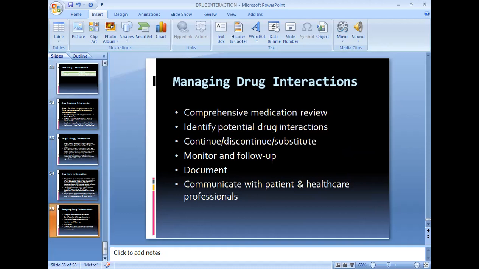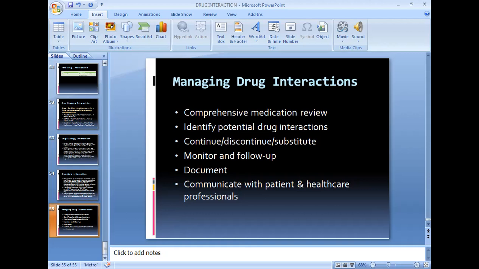Now, very importantly, how can such interactions be managed? A few points must be kept in mind as a pharmacist. Comprehensive medication review. As we earlier discussed in the risk factors, multiple prescribers, multiple disease conditions, or multiple medications are factors involved in drug interaction.